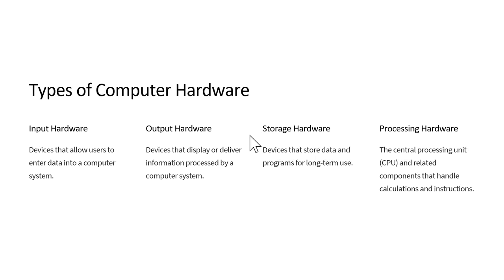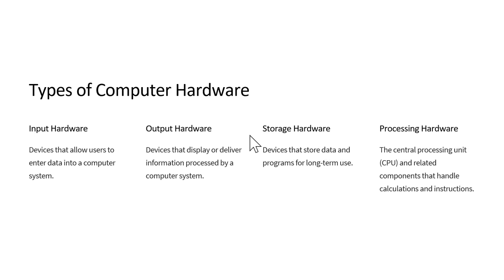You are putting things from your brain into the computer, telling it what to do. Then we have output, those devices that we use to display what we have asked the computer to give us.